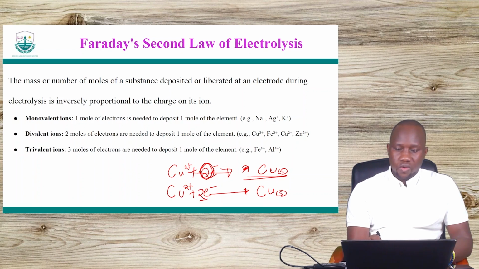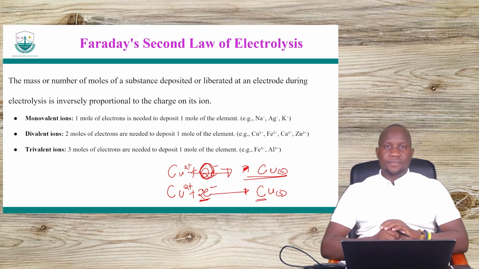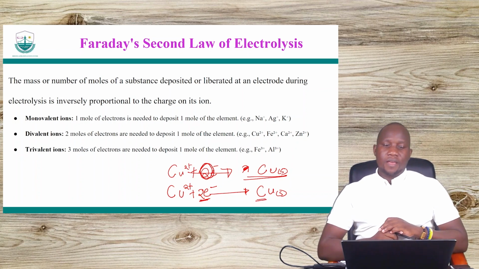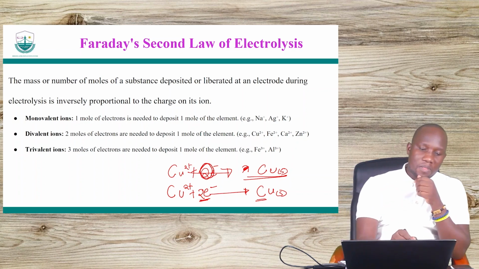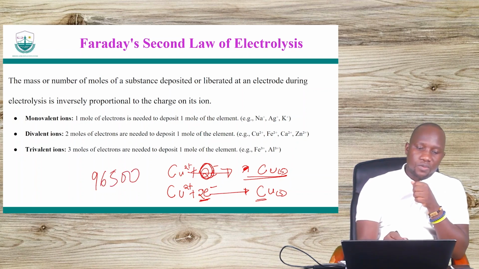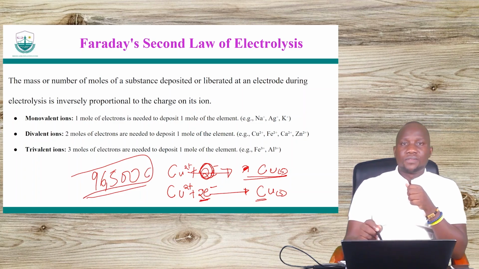So you need 2 electrons to deposit 1 mole of copper. And remember, the charge on 1 mole of electrons is 96,500 coulombs, right? You remember that?